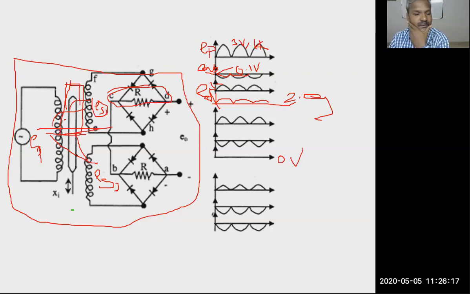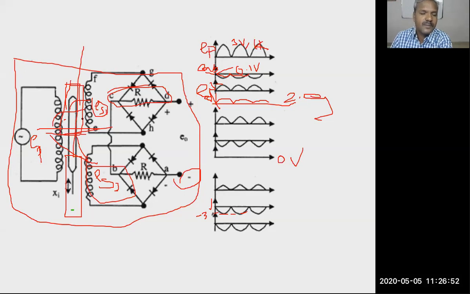Here, when the core is at bottom extreme, the core near to ES2, more EMF is induced here. That is on the negative side. So since it is minus, consider this is minus 3 volt. But when the core is at bottom extreme, a small amount of EMF is also induced in the other secondary.